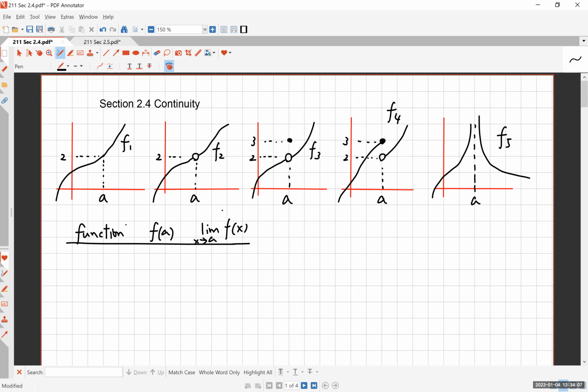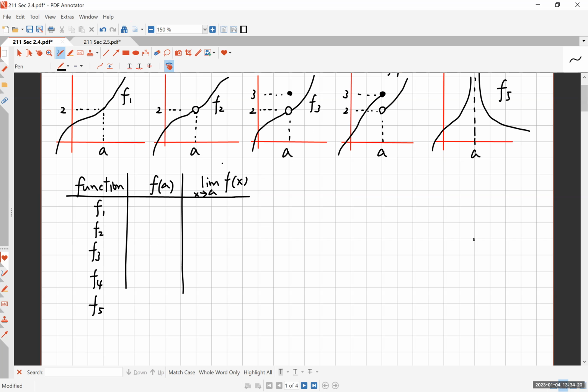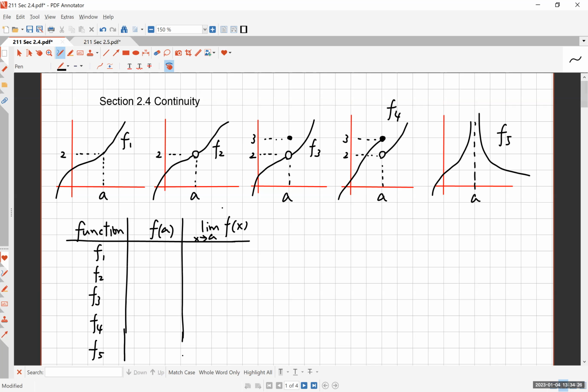We are going to look at these things for each of the 5 functions, f1, f2, f3, f4, and f5. Okay, so we have these 5 functions.